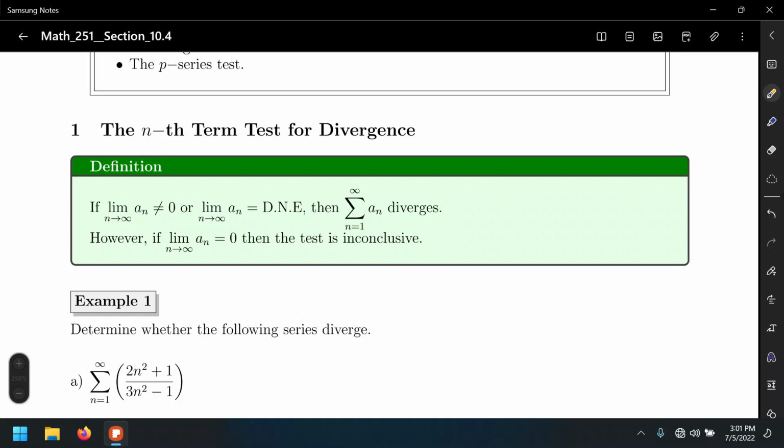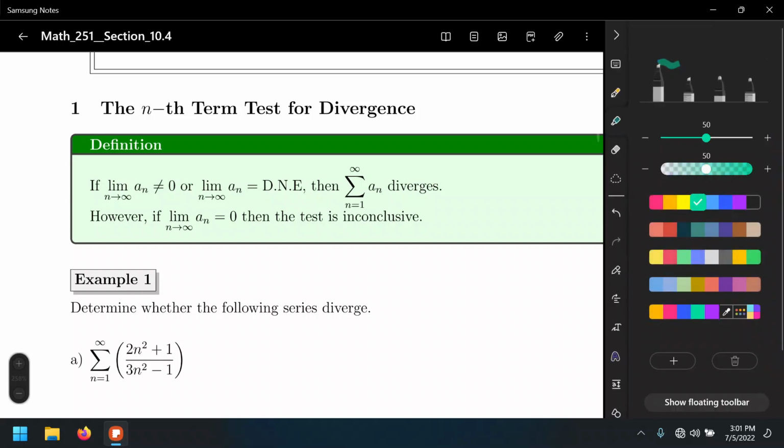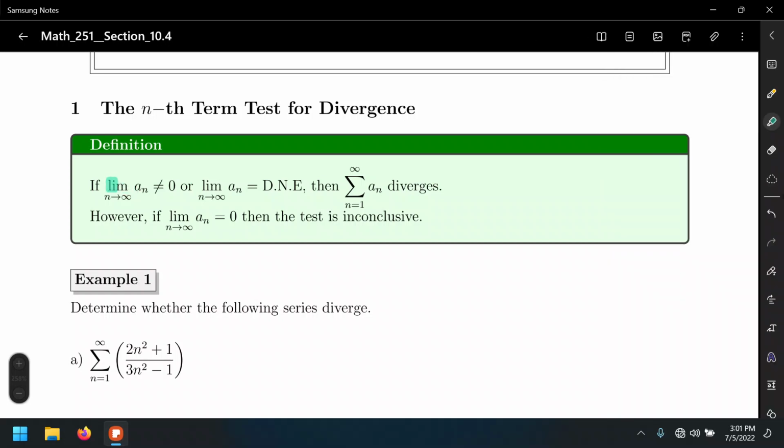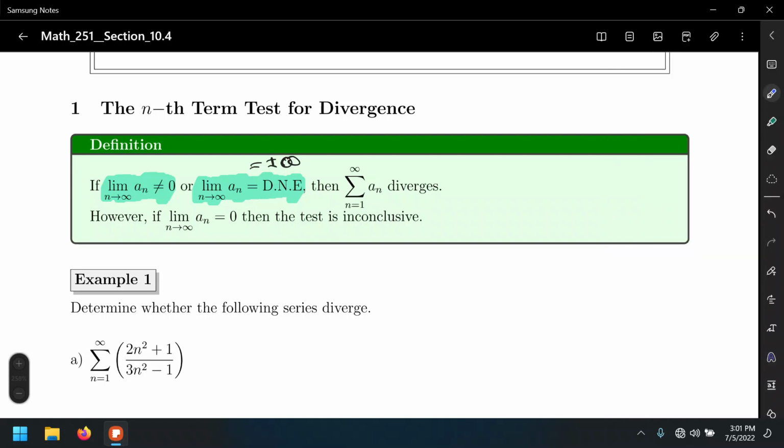Number one, if the limit is a number that is not 0, or if the limit is either plus or minus infinity or DNE, then the only thing we will be able to say about the series is that the series diverges.